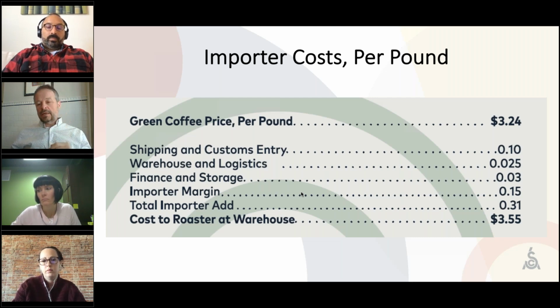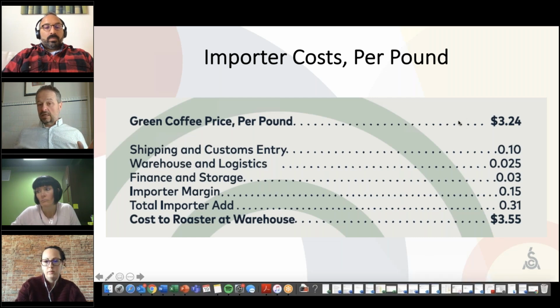So they may play a bigger part in arriving at that green coffee price per pound, or less, on a scale from importer finding coffee to direct trade where you're finding the coffee yourself. And the risks that they take on for quality, price, financial issues, et cetera, will also decrease as you move to the right-hand side of that scale towards a direct purchase where you're negotiating the price.